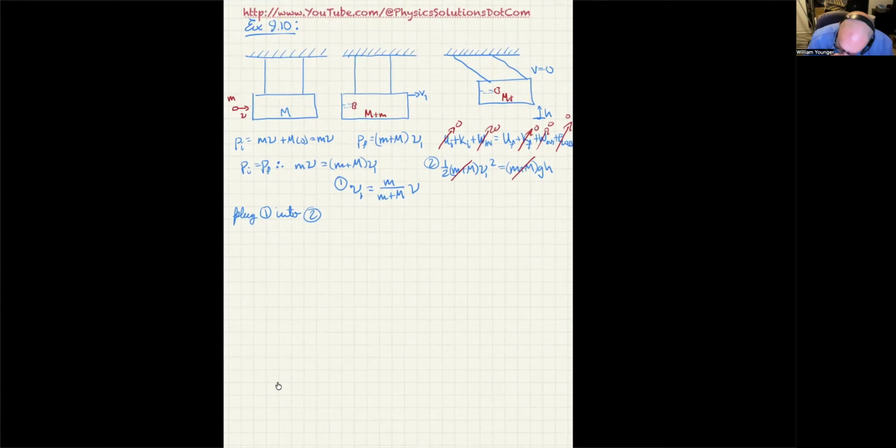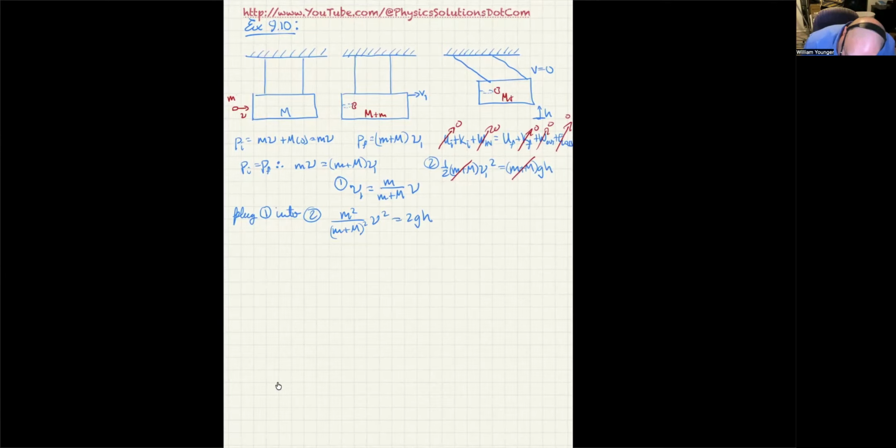I'm going to write the 2 on the other side, and the v1 will be all that's left on the left, but that v1 is squared, so I'm going to write this as m squared over (m plus M) squared times v squared is equal to 2gh, because I moved the 2 over to the other side, and of course the m plus M was gone.